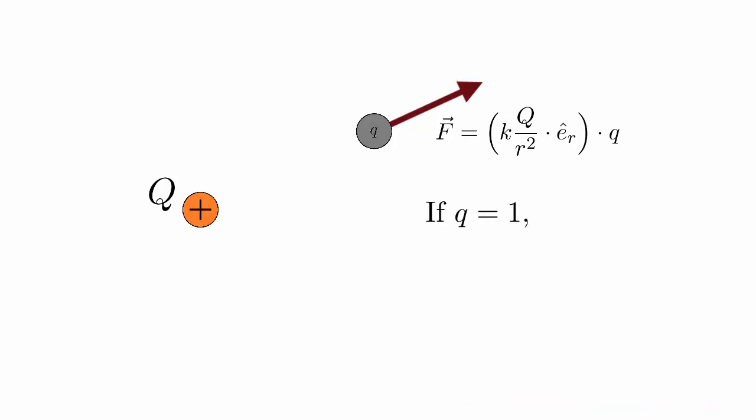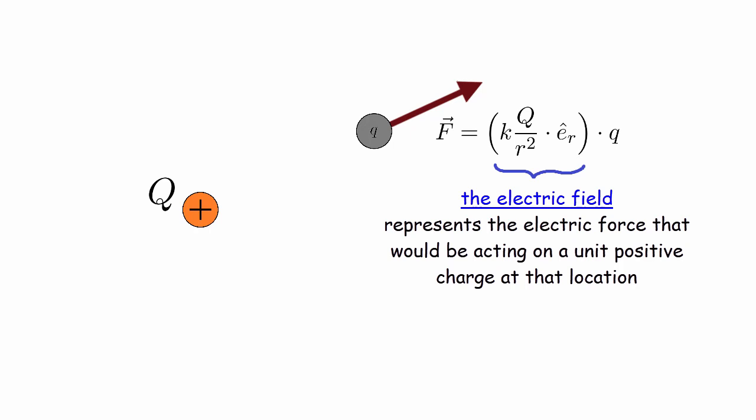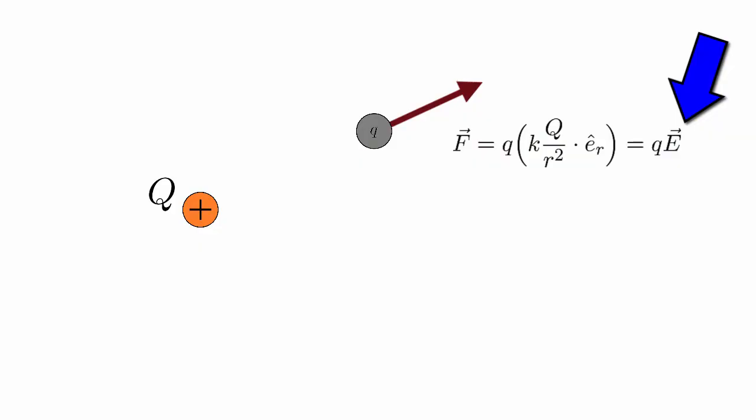Then the electric force at any location would just be the same as the electric field. So we can sort of define the electric field as the force that will be acting on a particle which has got the charge equal to 1 unit, or a unit charge if you want to call it that. And the actual force acting on the particle at any location will just be the electric field at that particular point times the size of our charge that we have.